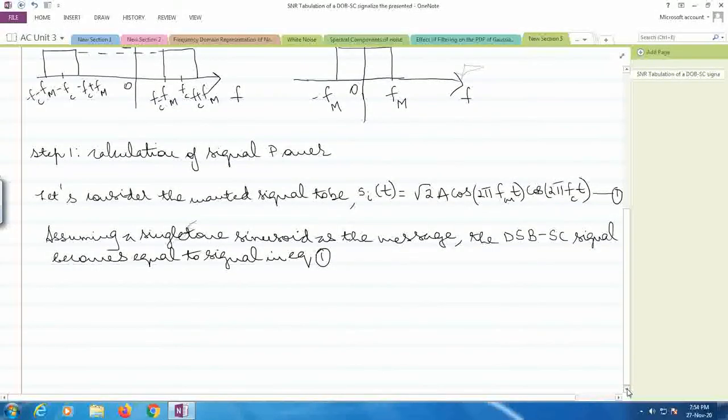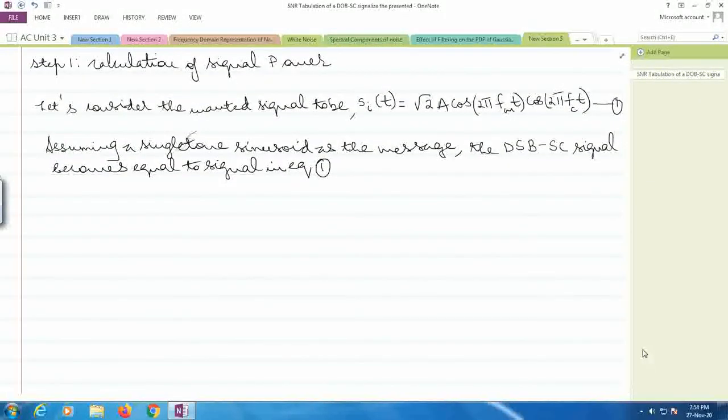So the point is very simple. Equation 1 will be a DSB SC signal provided the message signal is a single tone sinusoid.